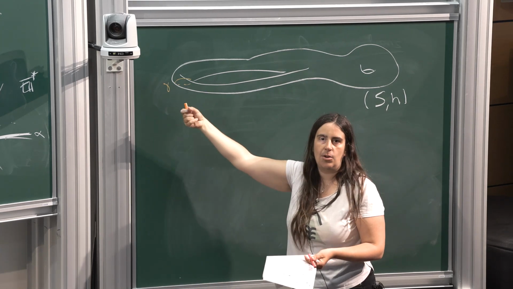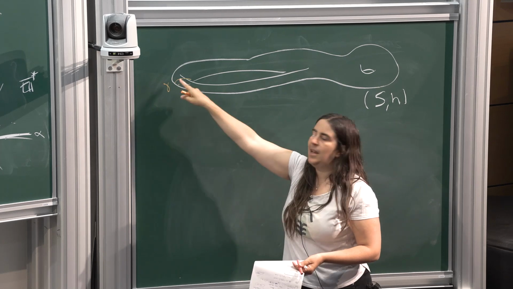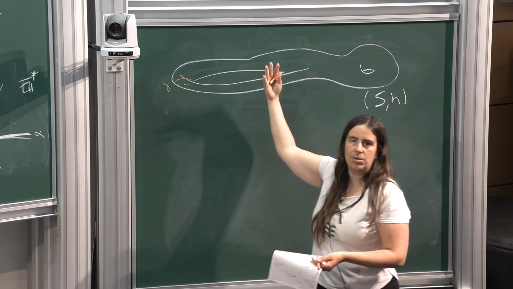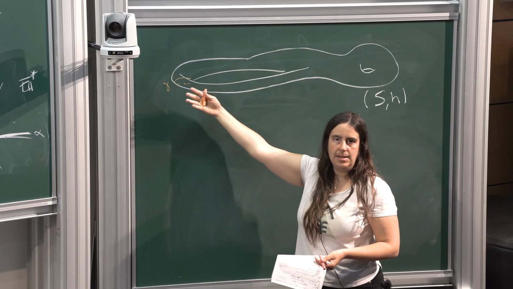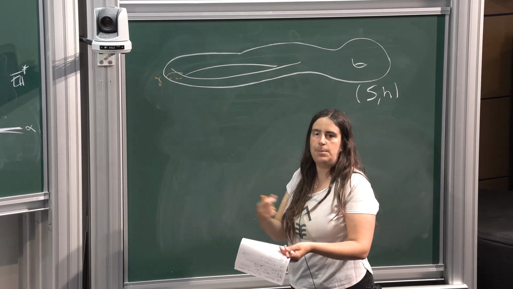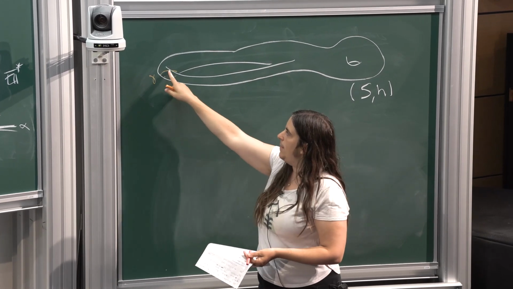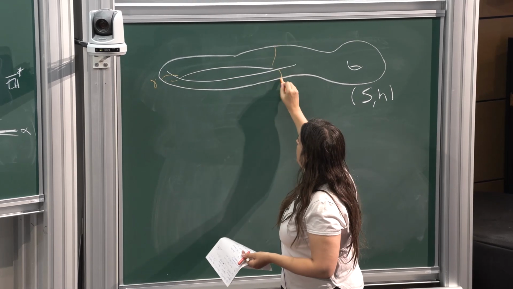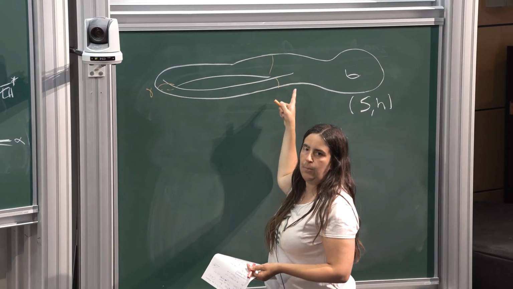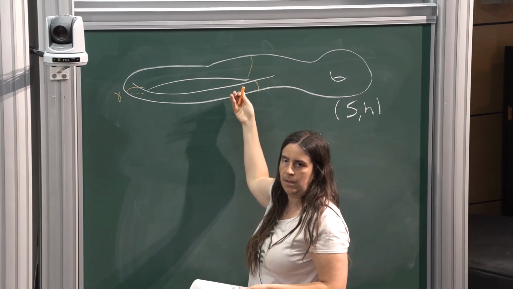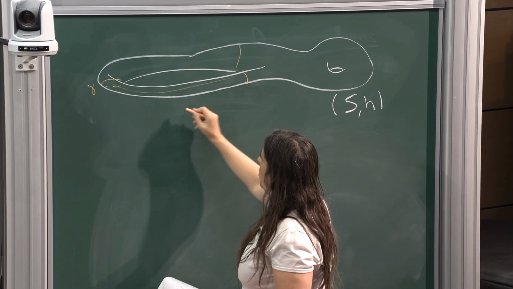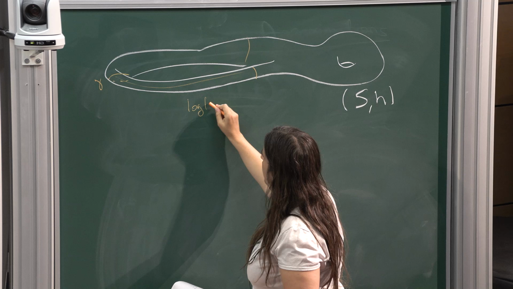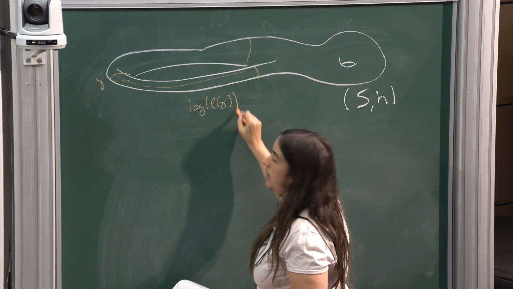I told you with Fenchel-Nielsen coordinates, you can choose any length for this guy, because I can build a pair of pants for any length. But also from this pair of pants construction, you see that if gamma is very, very short, then it has a very, very long collar neighborhood that's embedded in the surface. So this is roughly log of the length of gamma.